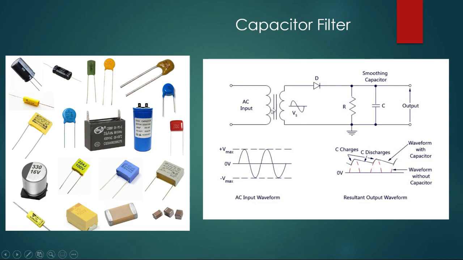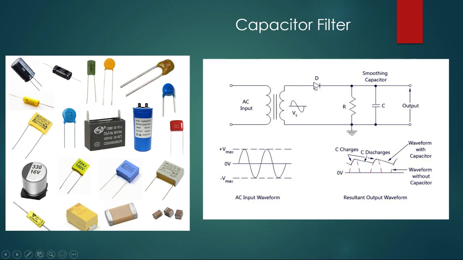Now we can see in the right side diagram, the first part is the same, that is the transformer. The transformer is connected to the main supply, which has a higher value of AC. The step down transformer will reduce that value to a smaller value which can be handled by the device. At the output of the diode, we have seen we get the half waves.